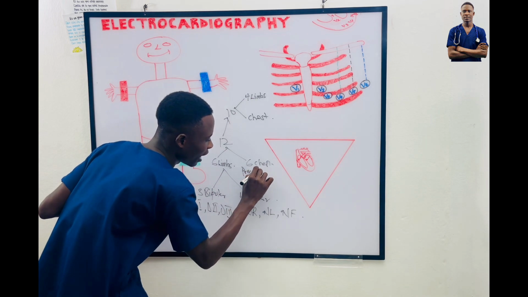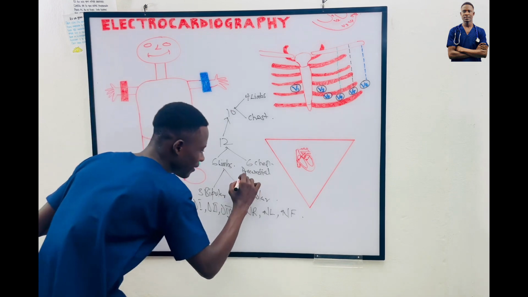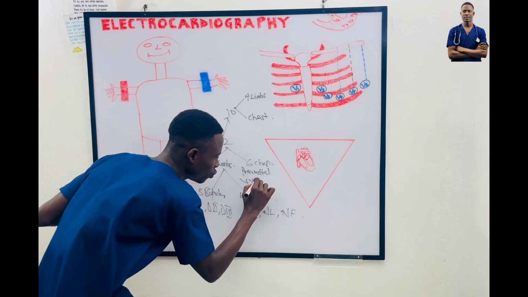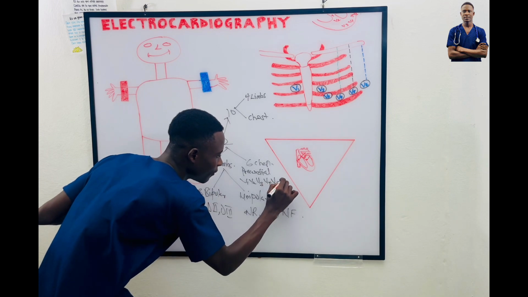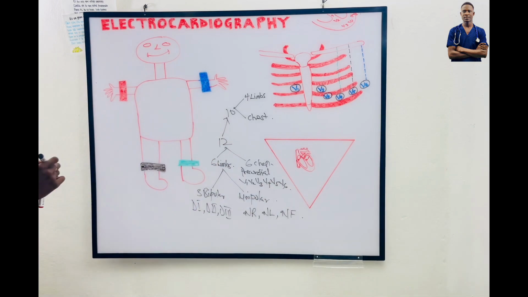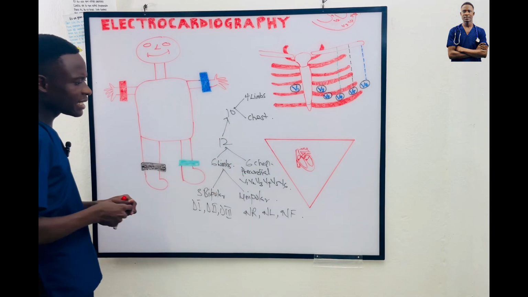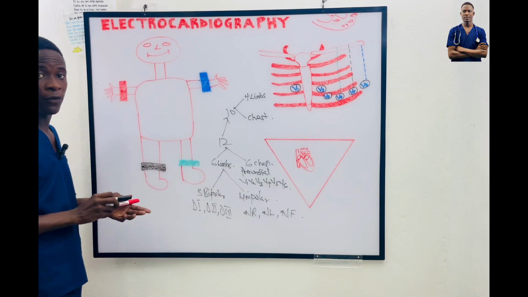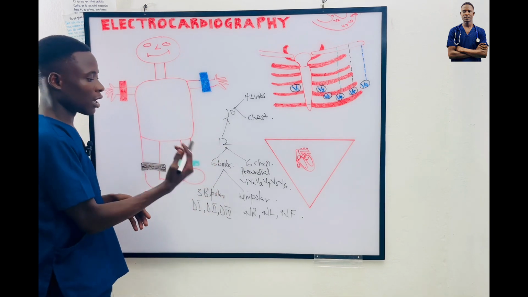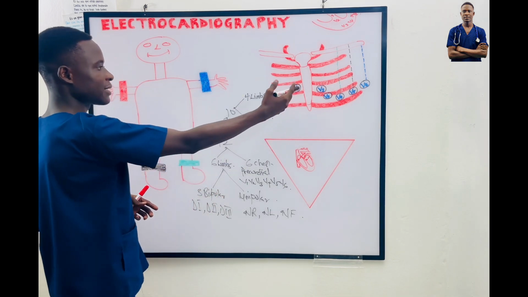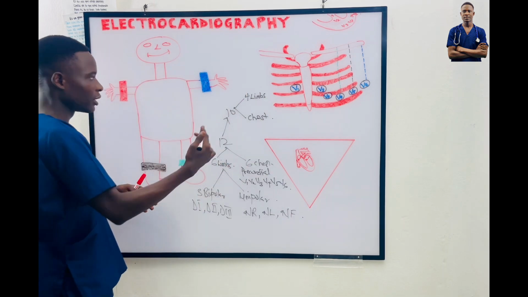The precordial leads are V1, V2, V3, V4, V5, and V6. These are the 12 standard leads. But these leads can be more or less depending on the type of EKG that we are about to do. When you reach that part, I'll talk about it in detail.